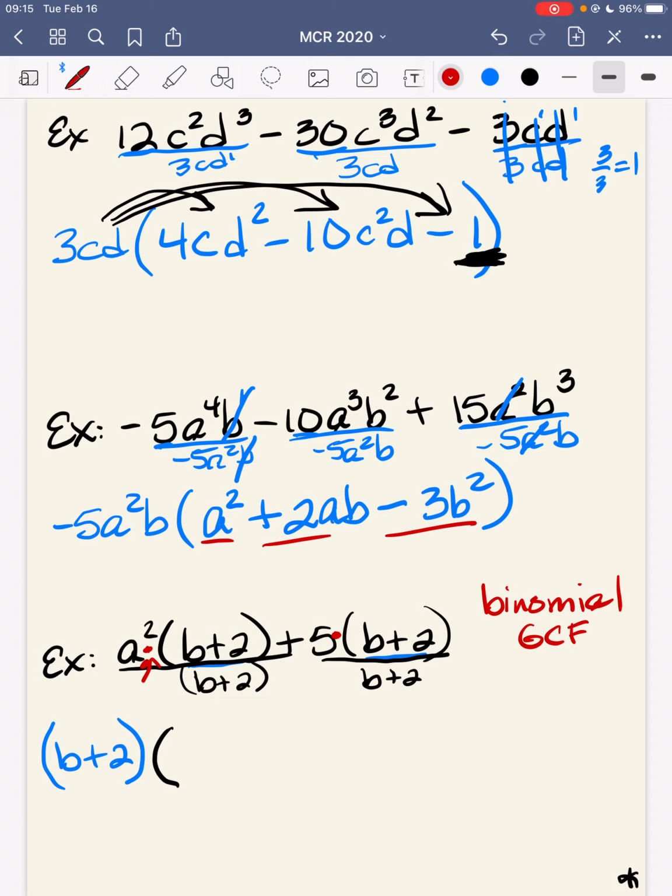In this case, because the b plus 2 is exactly the same and in a set of parentheses, they are going to cancel each other out. That leaves me with just the a squared. The addition sign is going to stay, and the same thing is going to happen with the other one, and it should. The b plus 2's are going to cancel, leaving you with just the 5.